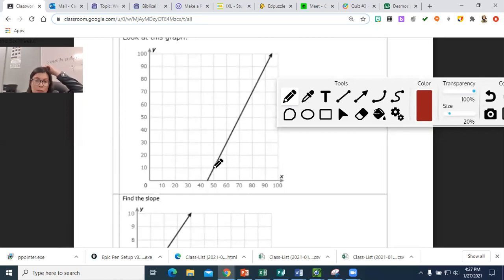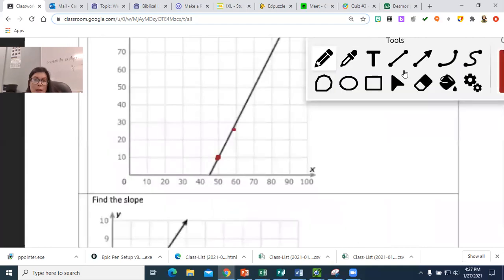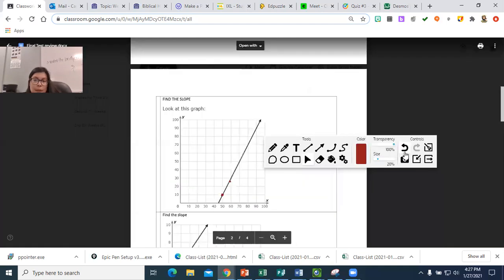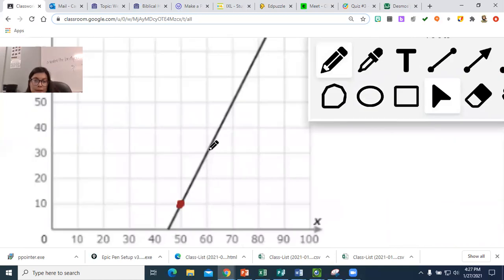Okay, there's a point. Let's pick another point. This one right here doesn't count because it has to go through these gray crosses. This one does. Let's try this again.